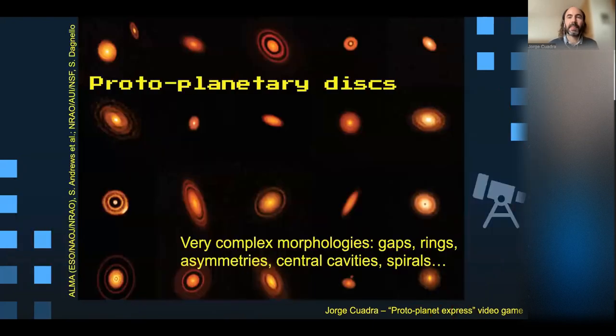And I'll show you two nice examples, but actually the more protoplanetary disks you explore, you find more and more of these structures, like spirals, large gaps or cavities, narrow rings, and so forth.